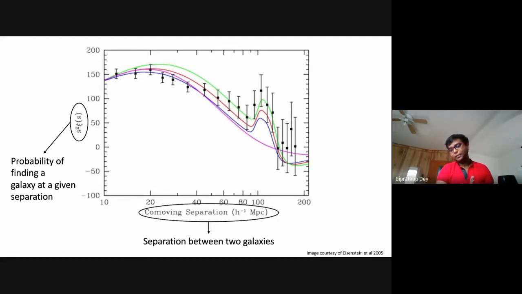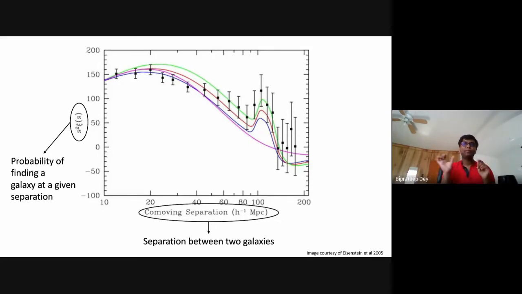So as I said, using a sky survey, you now have this three-dimensional map of the universe, you have locations of other galaxies in this three-dimensional space. What you can do is calculate the distance or the separation between every two pairs of galaxies that you can see.